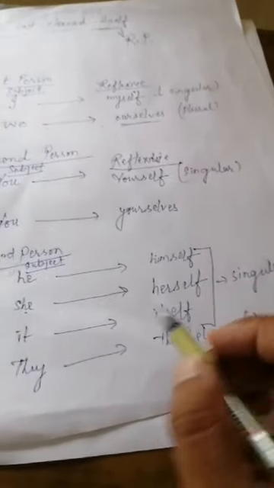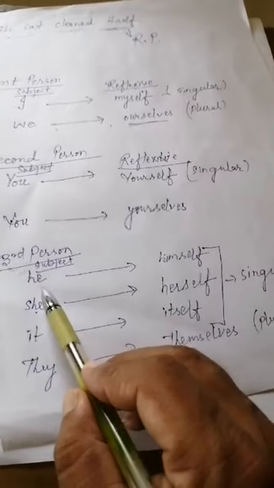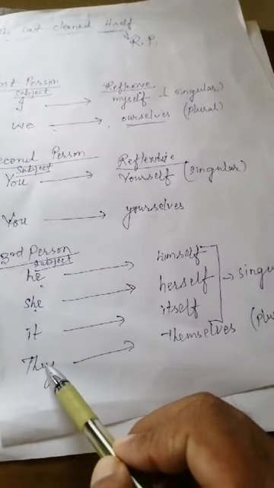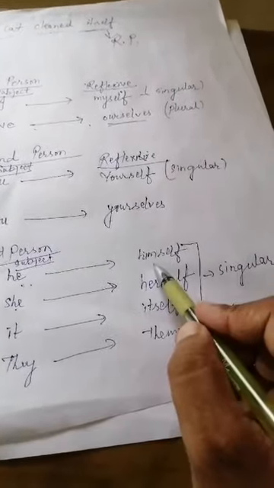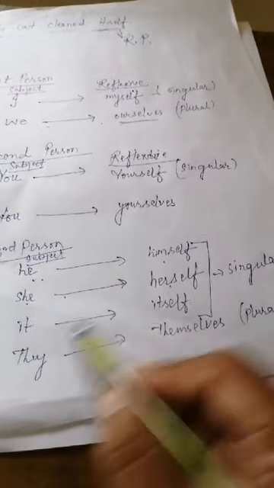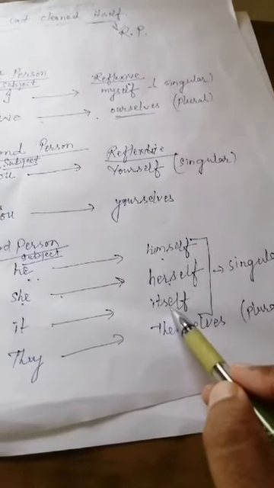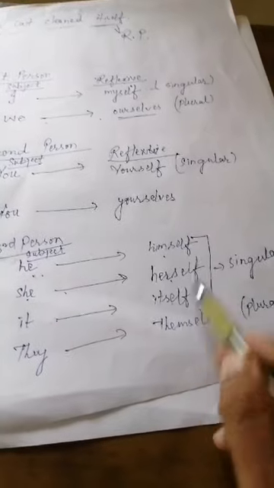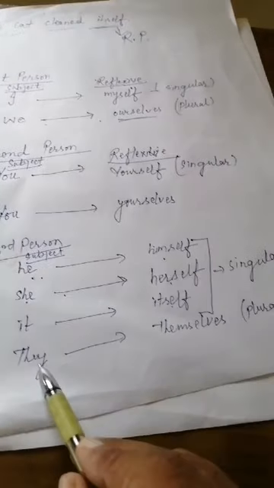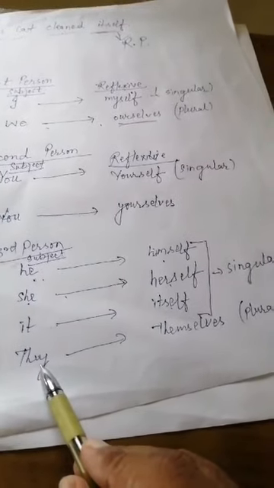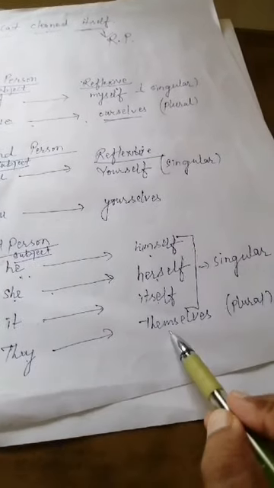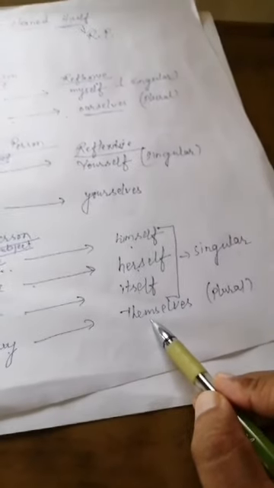So are you understanding all these things? He, singular subjective form, its reflexive form himself; she, herself; it, itself. Reflexive pronouns. And they is your third person in plural form, so its reflexive form will be themselves.